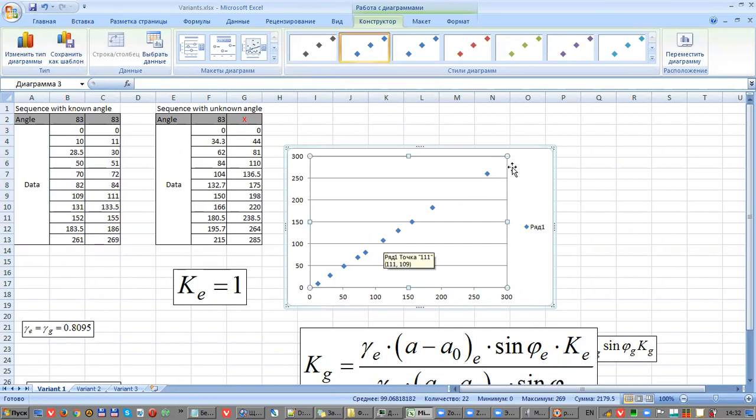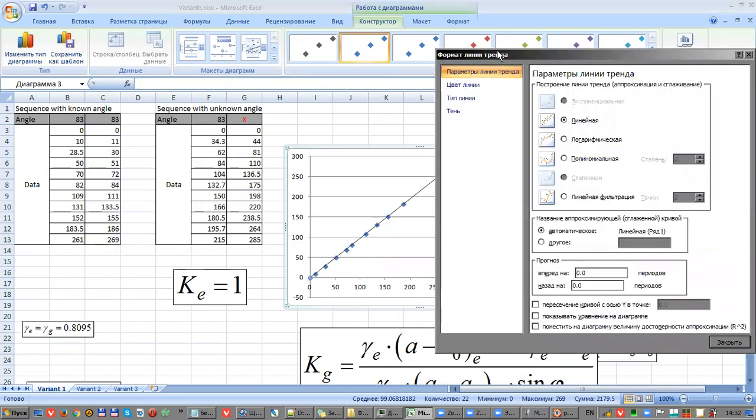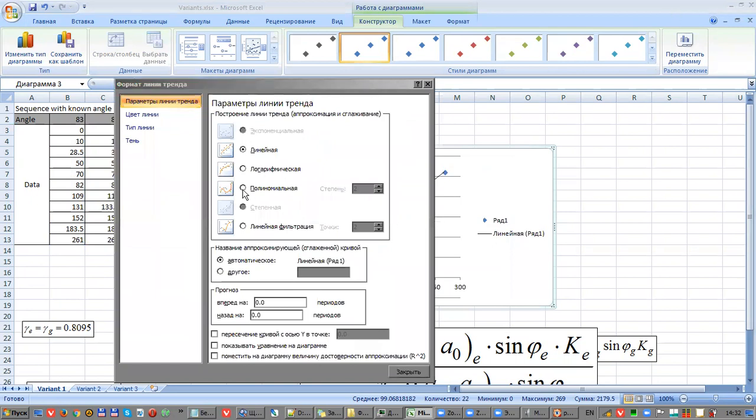This is the angle of the line. So I use this option: add trendline. I use linear. I select show equation. I impose intersection at the origin point.